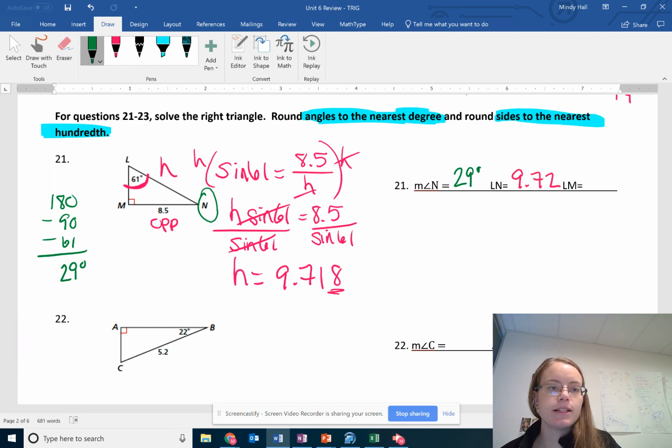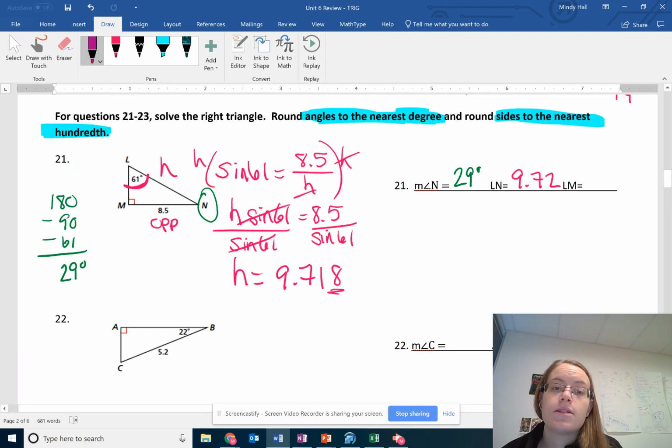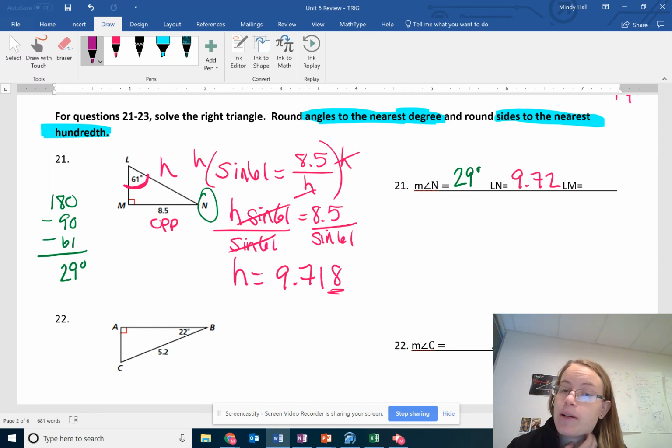And then last but not least, for the third side, you can either use the Pythagorean theorem or you can use trig again. Personally, I would probably use trig again simply because then I don't have to worry about any of my rounded values changing my answer, which you will still get points if you have a rounded value but your work matches, then that's fine.